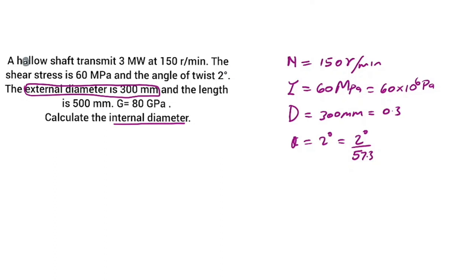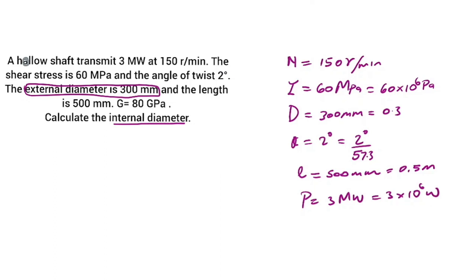Then we've got the length, which is 500 millimeters, and this 500 millimeters is 0.5 meters. Then we've got the power, which is 3 megawatts, which is 3 times 10 to the exponent 6 watts.